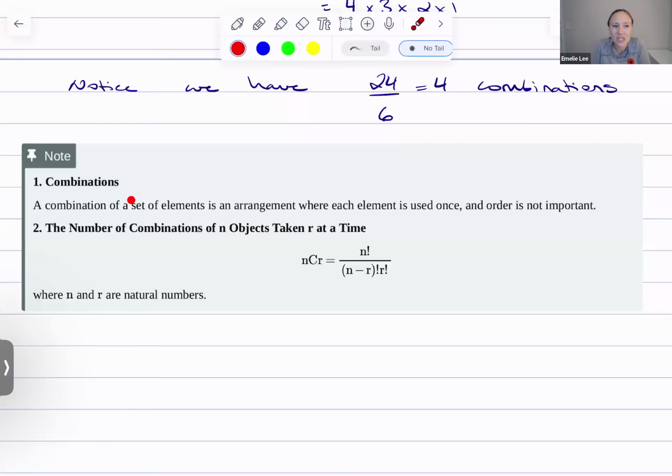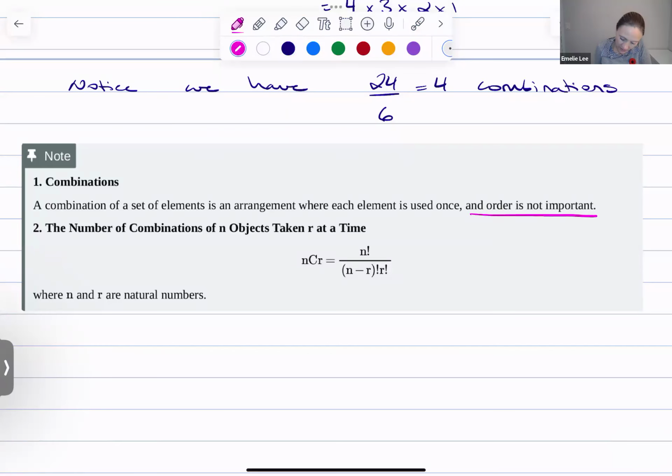Combinations. A combination of a set of elements is an arrangement where each element is used once and the order is not important. I really want to emphasize that because that's the only way we're going to be able to determine if I need a permutation or a combination.